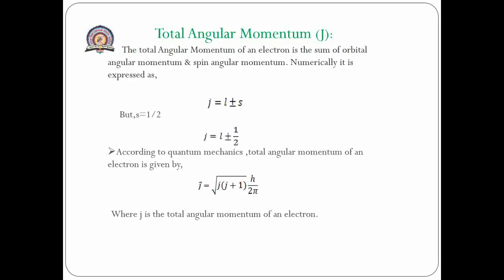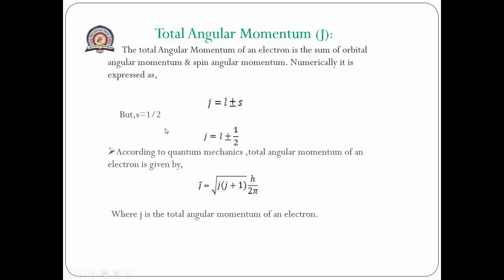Now I will introduce a new concept, total angular momentum, which is represented by the capital letter J. What is meant by total angular momentum? Total angular momentum is the sum of orbital angular momentum and spin angular momentum, and it is numerically calculated as J bar equal to L bar plus or minus S bar.